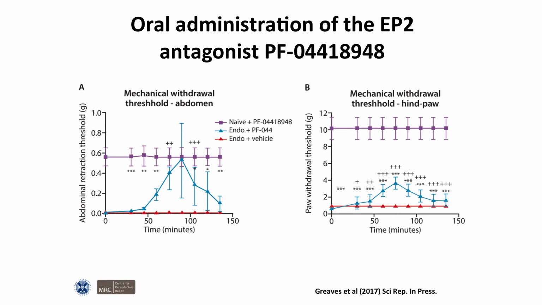And to investigate the translation of this compound in a bit more detail, we administered it orally to the mice because the other results were generated using intraperitoneal injections. And we saw that this had very significant effects on abdominal pain and secondary pain.